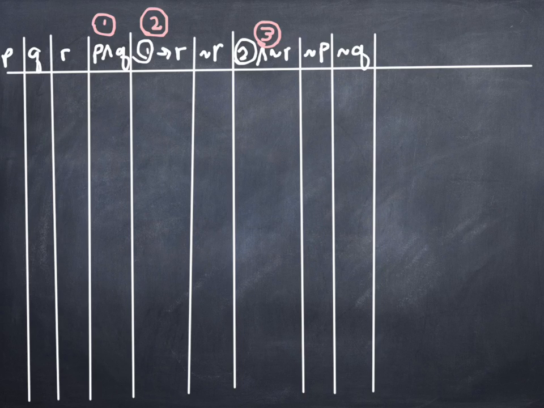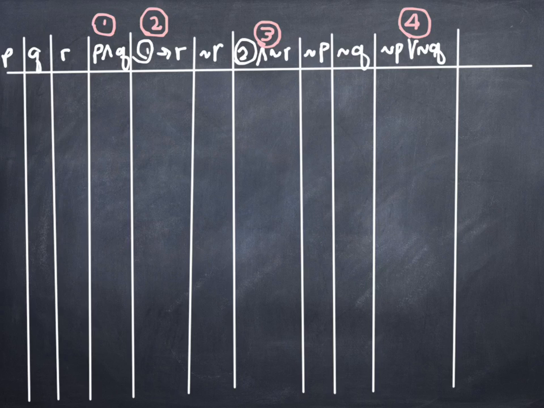Now what? Tilde P or tilde Q. Can I give it a number? 63 might be overdoing it just a tad. How about 4?